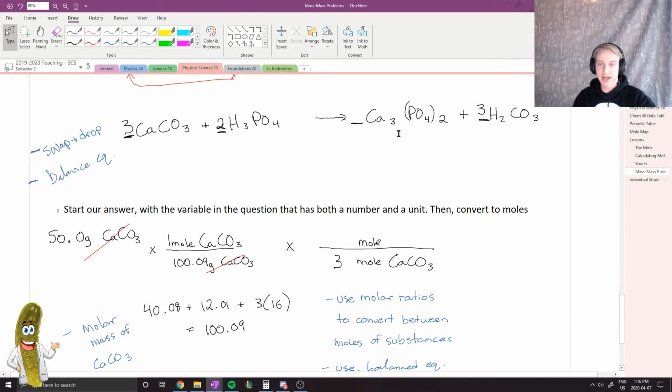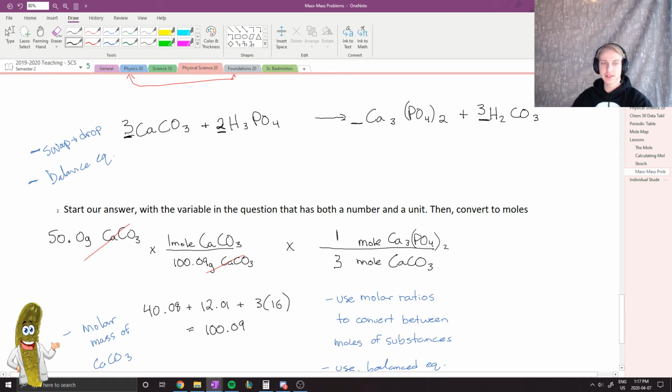Well, that means that I need to go into moles of Ca3(PO4)2. And I can see in this equation, I haven't included a 1 in front of this because that means that I was lazy. So that means there was 1 mole of Ca3(PO4)2.